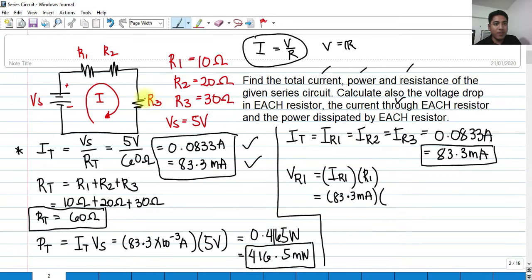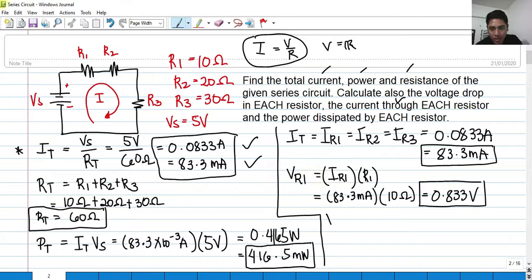Multiplied by the value of resistor 1, which is 10 ohms, we have 83.3 times 10 raised to negative 3 times 10, which is 0.833 volts. So that's the voltage drop across R sub 1 by Ohm's law.